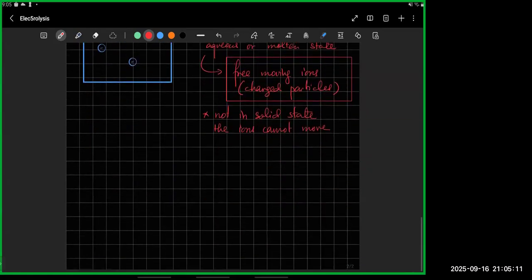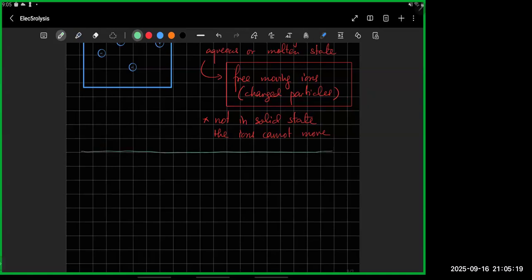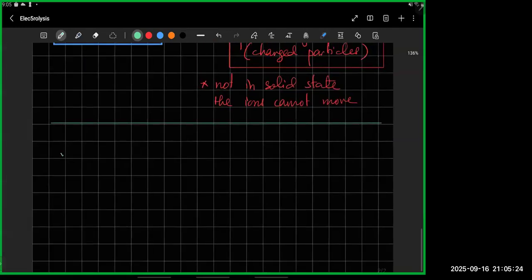The next thing, before we continue, because this chapter has to do with electrical conductivity, we'll talk very quickly about metals and alloys, because they're also good conductors of electricity. There's going to be one difference. What is the metallic structure?